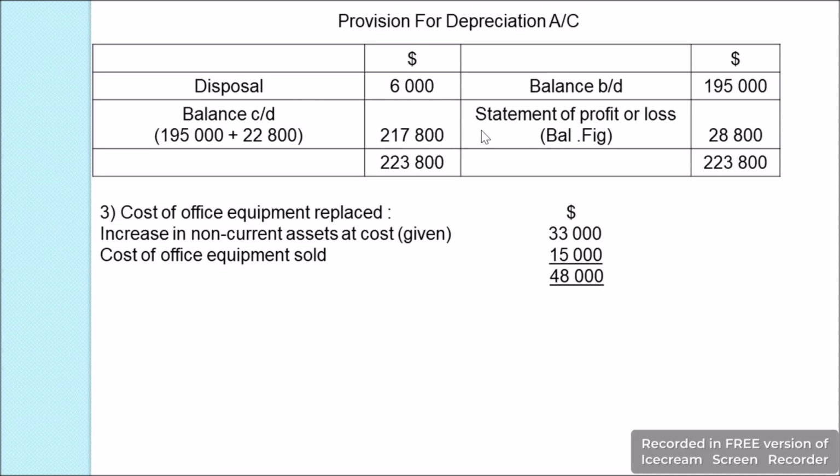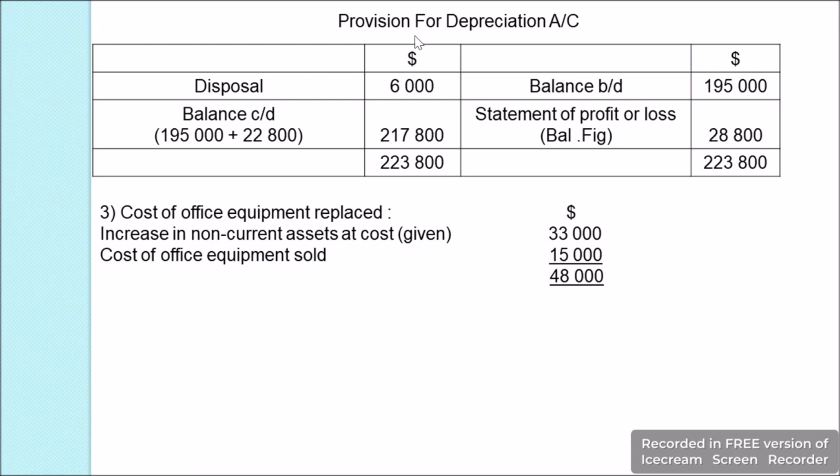And as depreciation do not lead to inflow or outflow of cash, what we have to do is we have to add the depreciation which was charged in the statement of profit or loss back to the operating profit when we do the operating activities for the statement of cash flow.